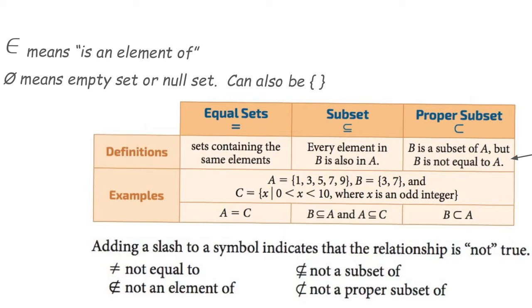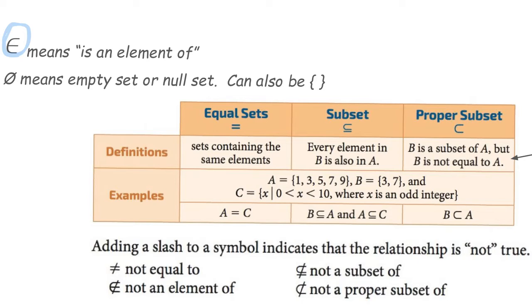Okay, so there's a couple of symbols we need to talk about. This first symbol right here, it looks kind of like an uppercase E. That means "is an element of." So if I were to say Miss Peacock is a member of the Bayshore faculty, you could put me in the set that contains all Bayshore faculty.